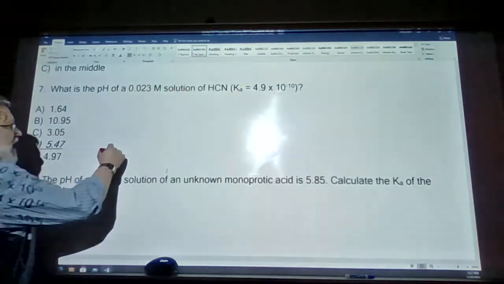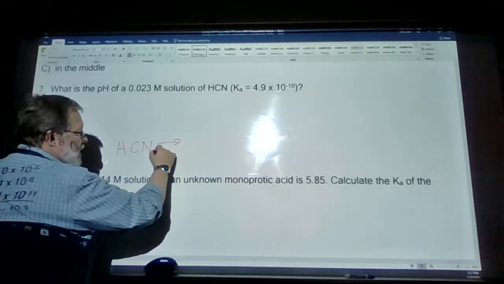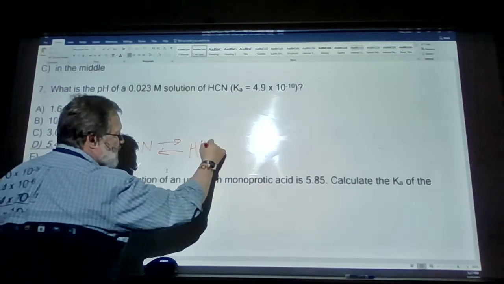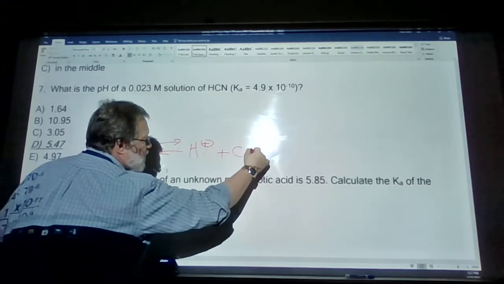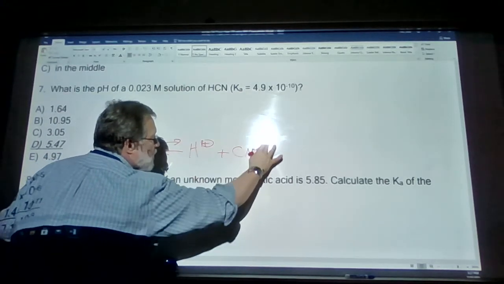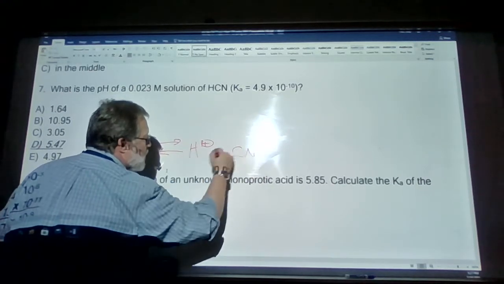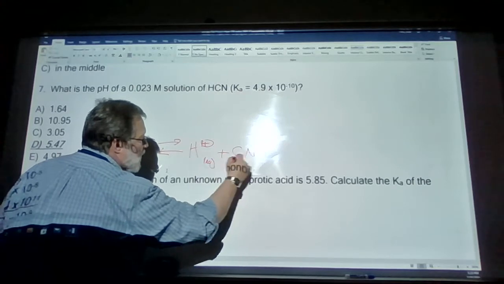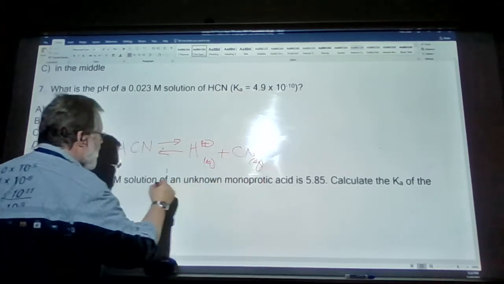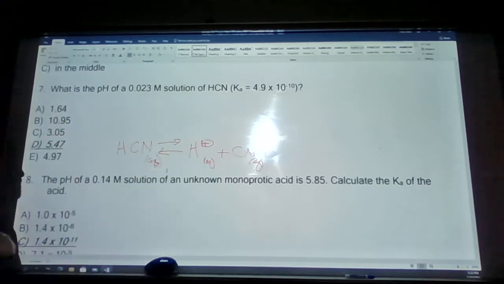So let's write the reaction. HCN in equilibrium with H plus and CN minus, all aqueous.